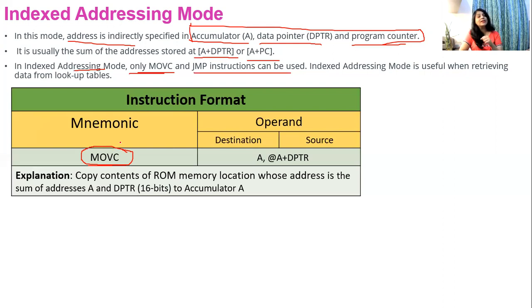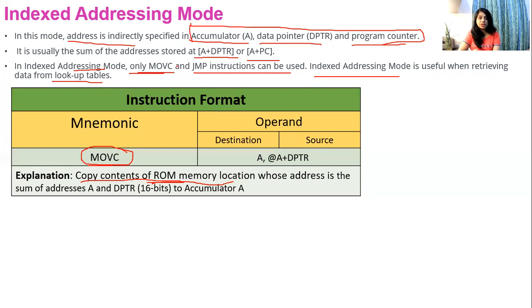We know that there is internal RAM, and the simple MOV instruction is used to access data stored in internal RAM. But indexed addressing mode is useful while retrieving data from lookup tables from external memory. Whenever we want to access data from external memory, we use the MOVC instruction. So what this instruction does is copy the contents of ROM, but it is only ROM memory, not RAM.